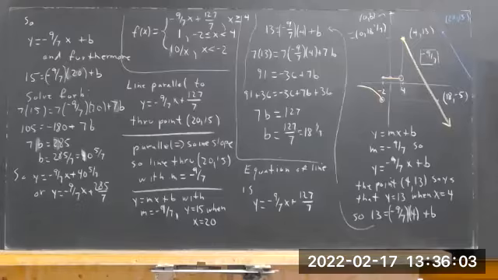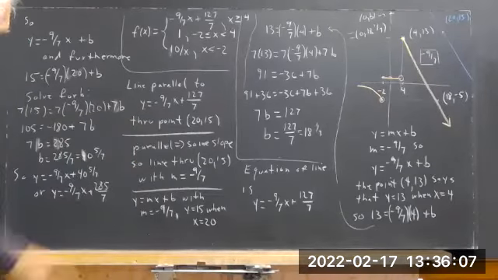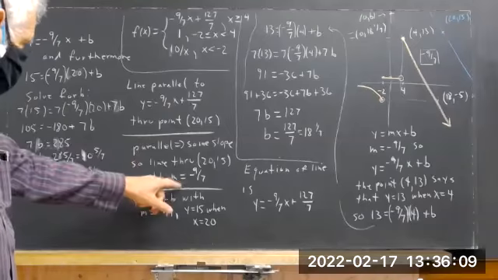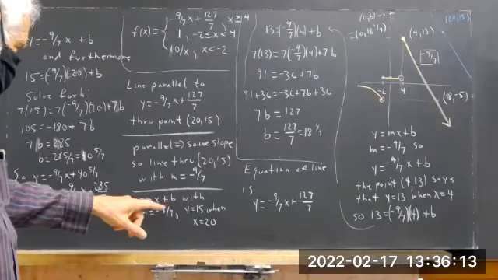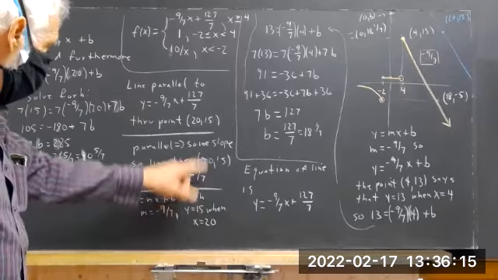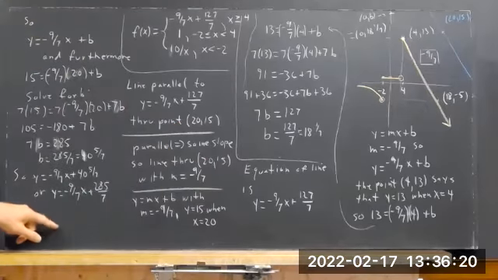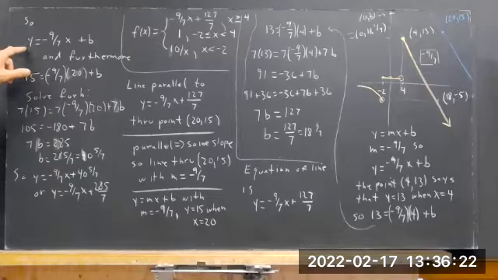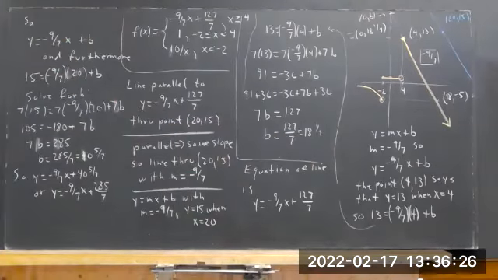To recap, the line parallel to this line through this point has the slope -9/7 and y equals 15 when x equals 20. So we just write out what we know, just as we did over here, and we solve the resulting equation.